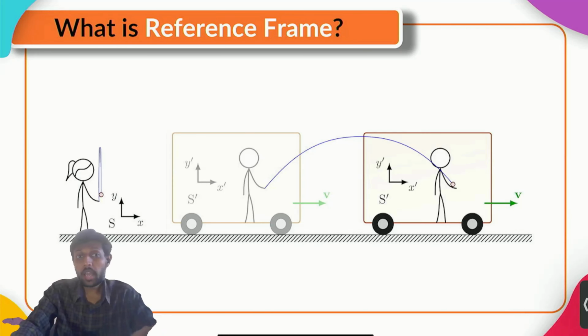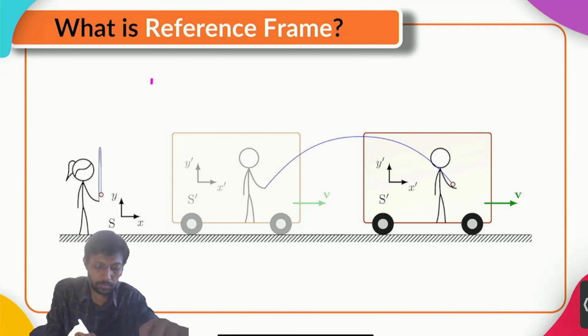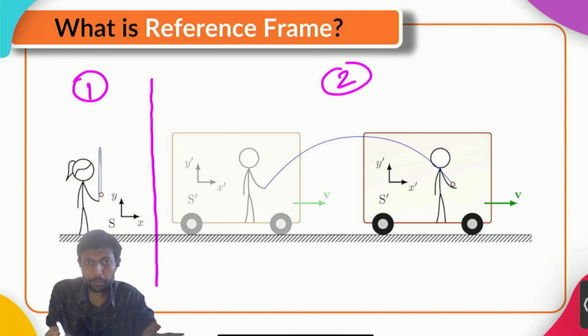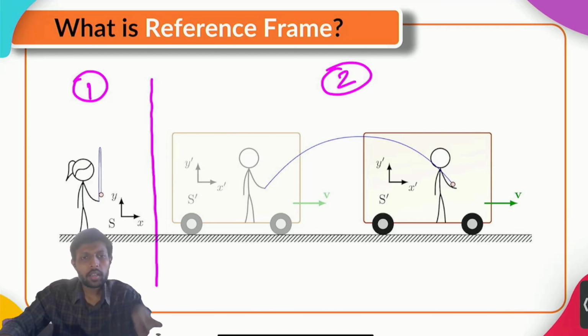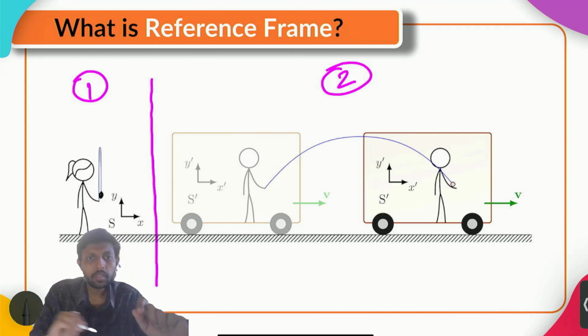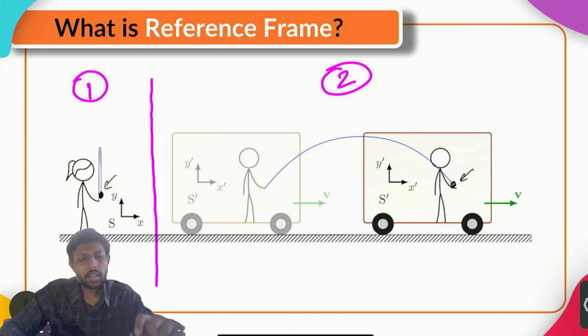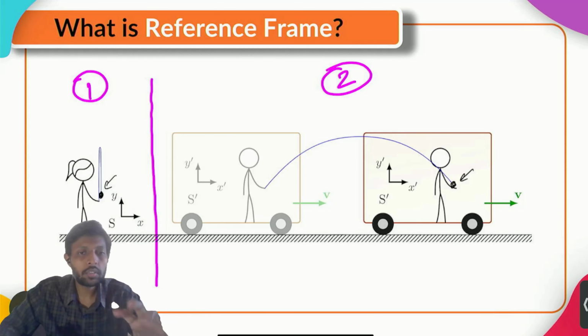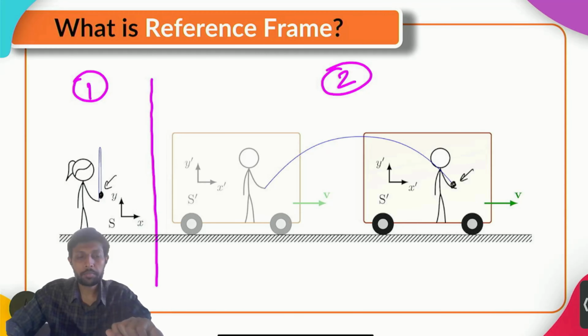Now here we have two different examples. This is example one and this is example two. In both the cases, we are observing the motion of that tiny ball in the hand of the person. Now, whenever we are observing motion or rest, we have to observe it with respect to a reference frame.